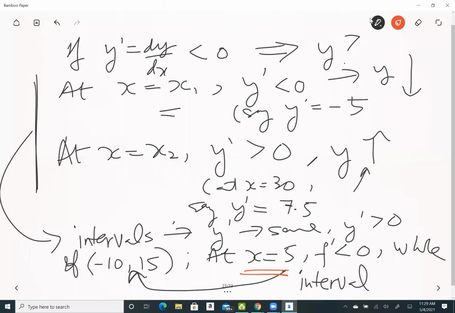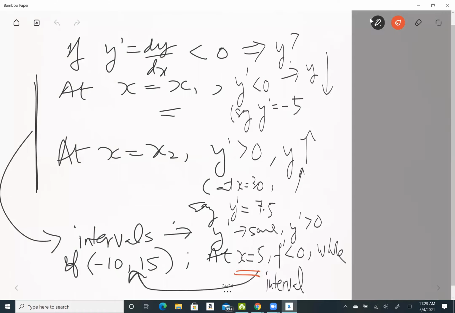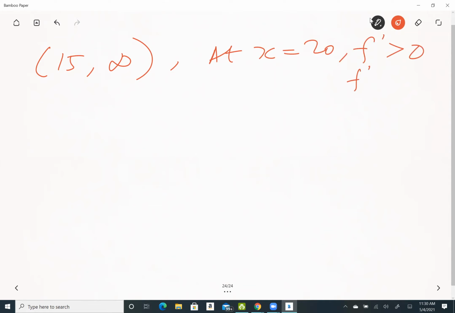If I look at another interval, 15 to infinity, let's say at x equal to 20, f prime is positive, say f prime equal to 10.1, and 20 is in the interval. So what can you say about the f prime in the whole interval? Positive.